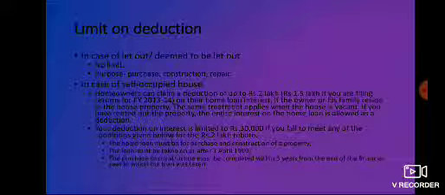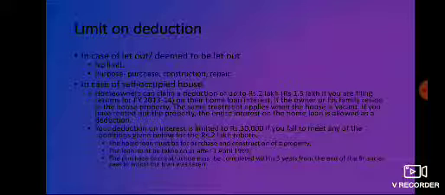These are the conditions. If the house owner fails to meet the following conditions, the limit on the deduction will further be reduced to rupees 30,000. The home loan must be for purchase and construction of the property. The loan must be taken on or after the 1st of April 1999.